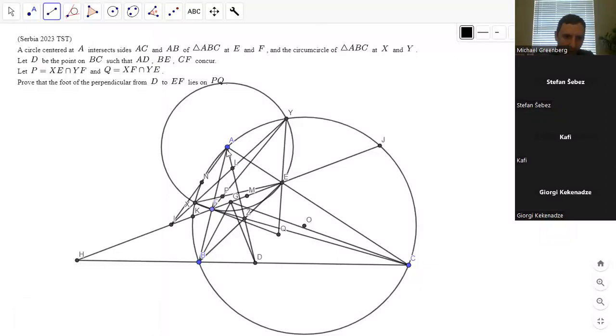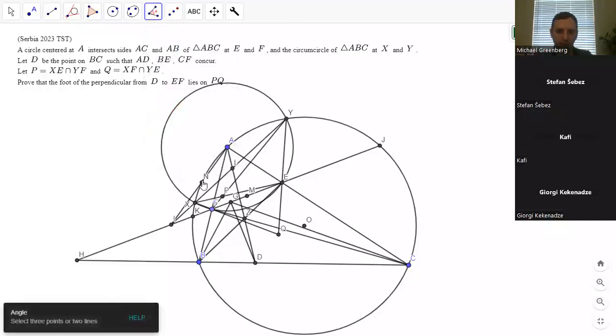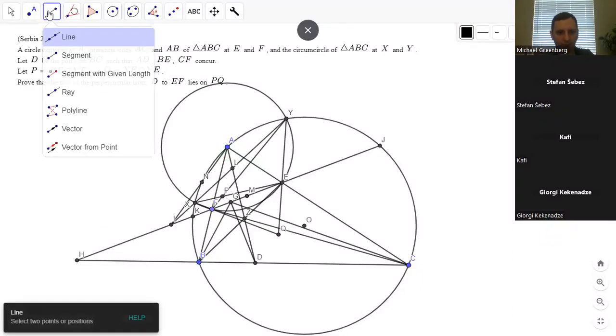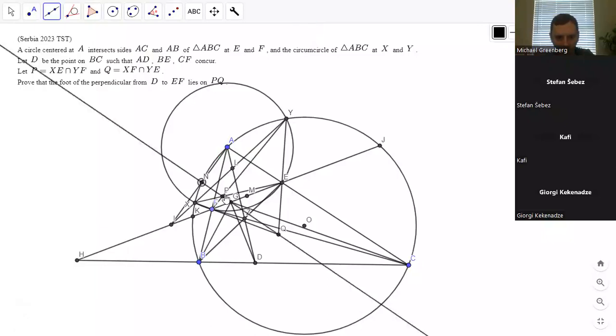Let's think about that. Is this a right angle? I doubt this is a right angle. That wouldn't make sense. So N is collinear.